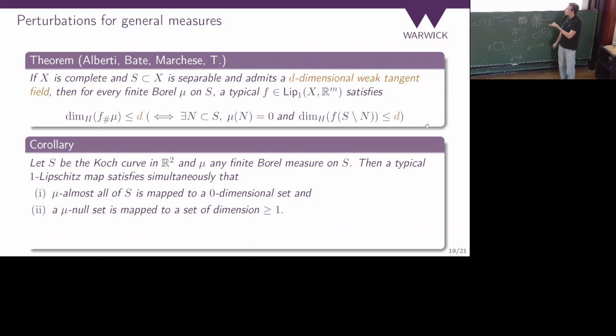But the remainder has to be mapped into a set of dimension bigger than 1, because the totality of S must be mapped into something of dimension bigger than 1. Constant maps you can forget about, they are a small set, so they don't matter. So big things get sent to something not only small, but ridiculously tiny, like 1 dimension lower. And the remainder realizes all of the other stuff.